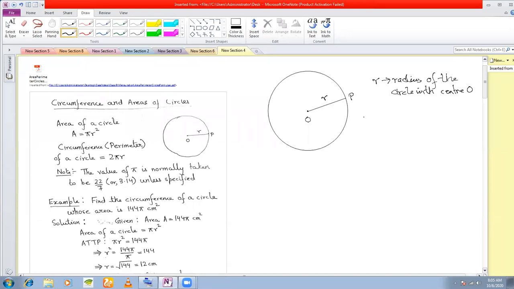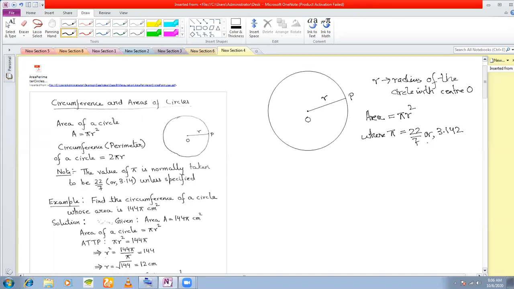And if you know the radius of a circle, you can find out the area of a circle with the help of this formula. Area is equal to pi r square. You already know this, where pi we usually take as 22 by 7, or we take this as 3.142, or sometimes 3.14 also.